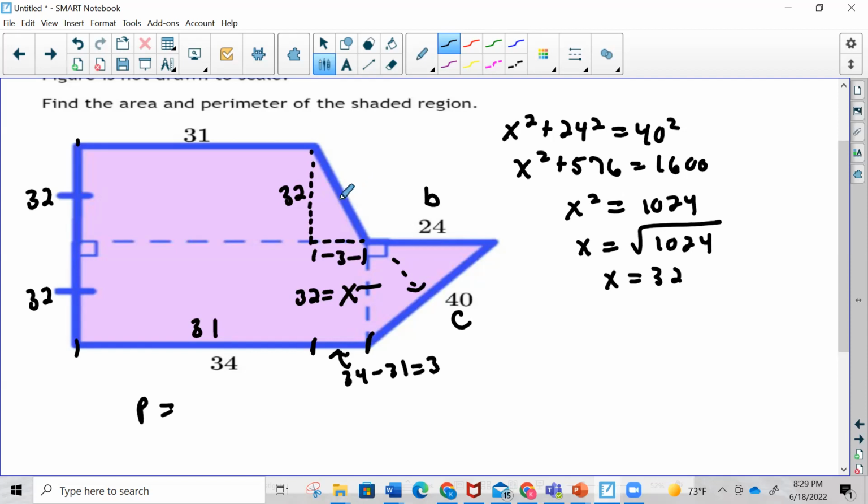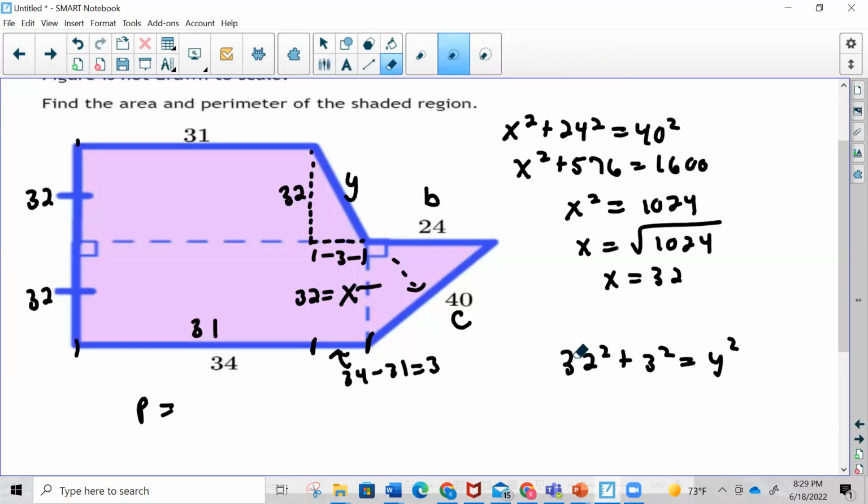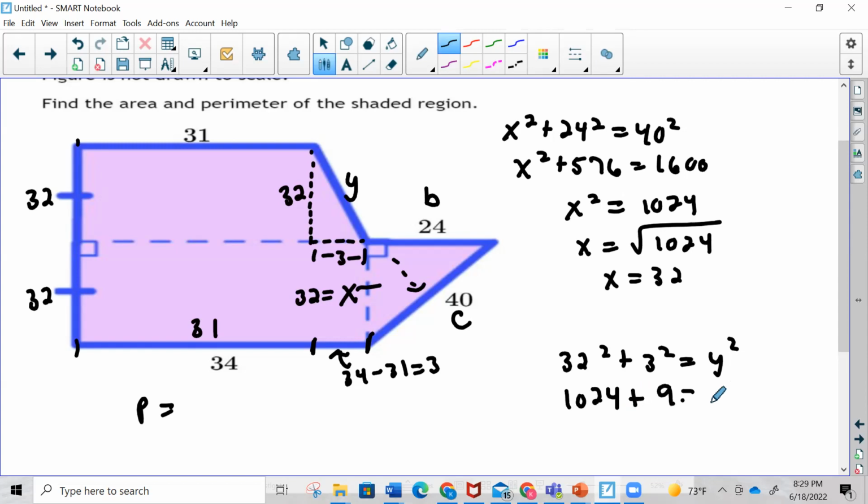And then we can do the Pythagorean theorem to find this. So I'm going to call this y because we need to find that. And we would do a squared plus b squared equals c squared, and a and b are my two legs. So 32 squared is 1024. 3 squared is 9. Okay, if I add those, I get 1033 equals y squared.